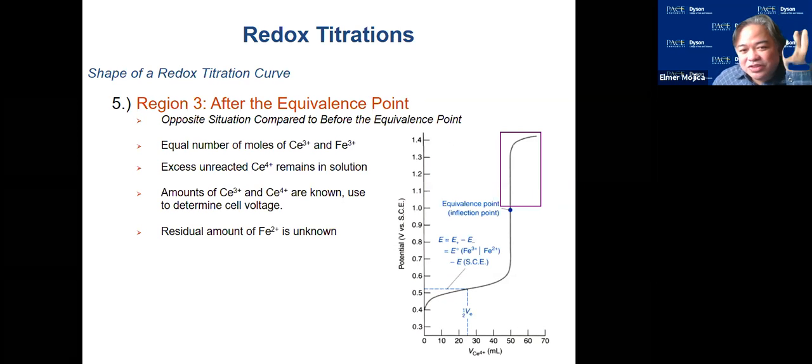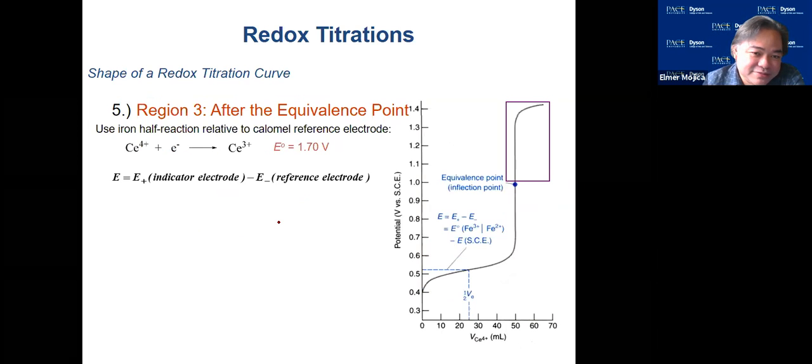So the amounts of your Ce3+ and Ce4+ are known, and you can use them to determine the cell voltage. There is only a residual amount of Fe2+, because Fe2+ is almost all converted to Fe3+.